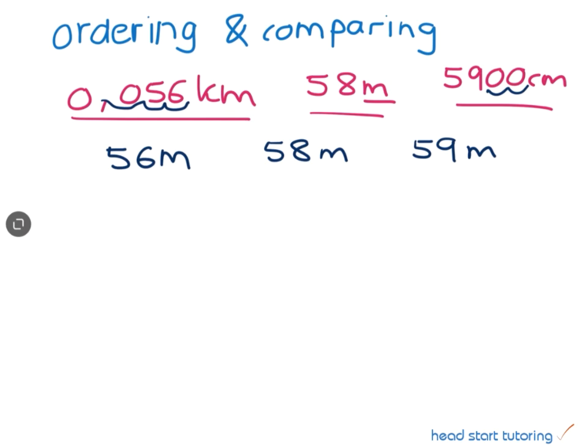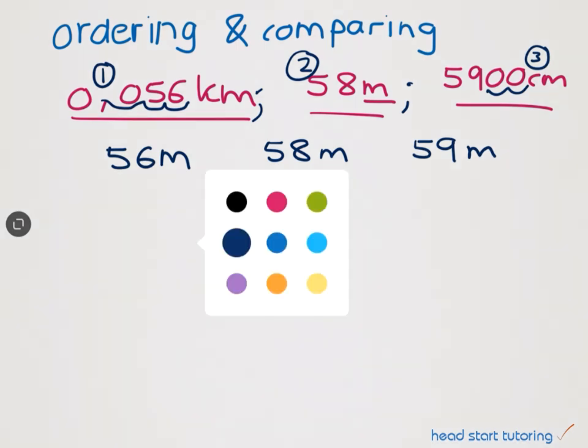So we have to answer the question by ordering the original measurements that we were given. So 0,056 kilometers would be our first measurement. Then we would put our 58 meters. And then we would put our 5,900 centimeters. So that would be arranging these measurements in ascending order.